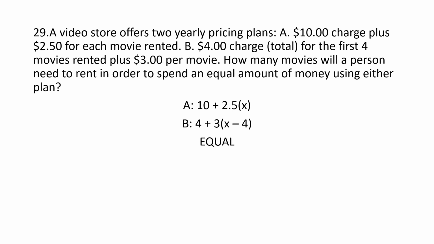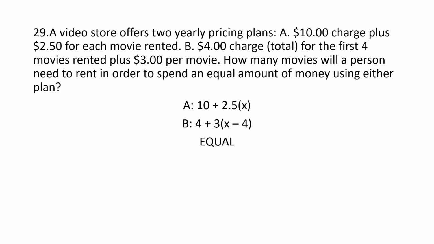So the flat $4 rate, and then $3 per movie, except remember, we're not going to pay anything extra for those first 4. So I need to subtract 4. How many movies will a person need to rent to equal amount?